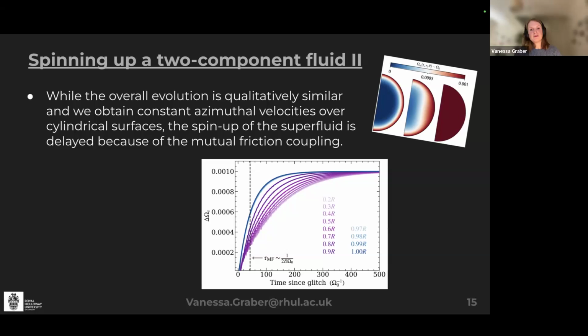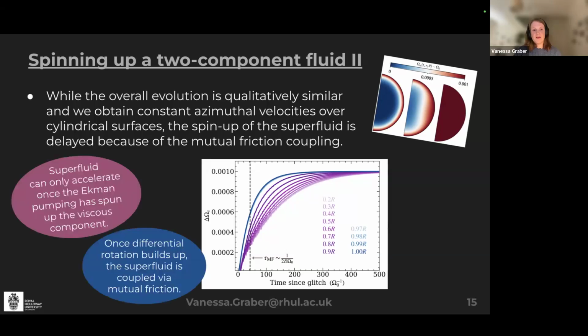But the spin up of the superfluid is really delayed because of the fact that we have this mutual friction coupling. So in this picture, what we always have to do first, if we change the boundary condition, is communicate the change in boundary condition to the normal fluid, which then builds up differential rotation with respect to the superfluid, and then mutual friction essentially kicks in and causes the superfluid to spin up as well.